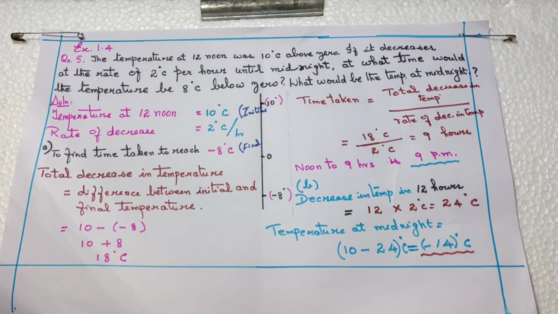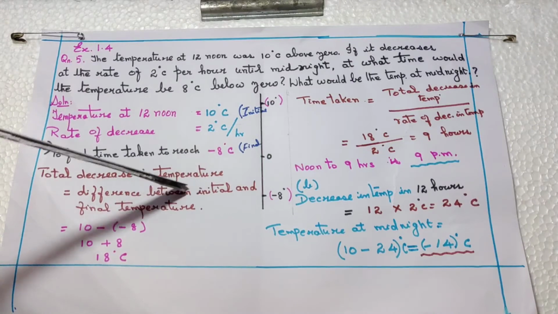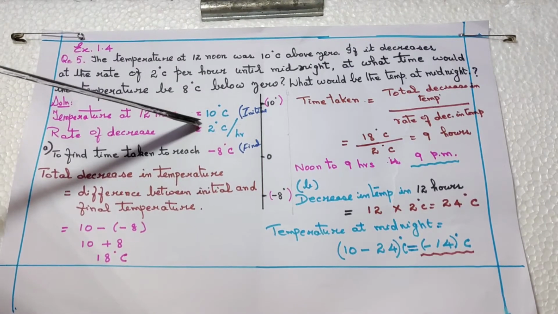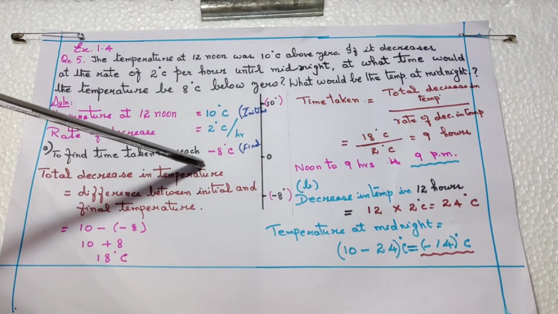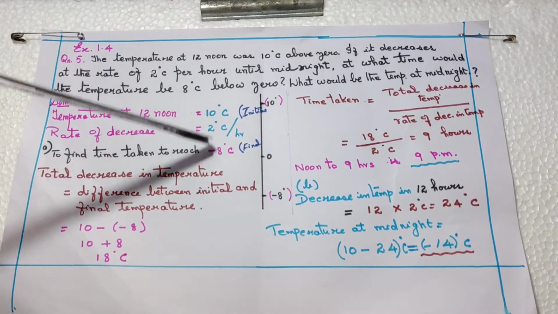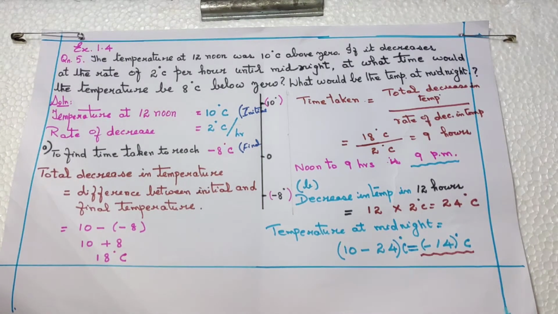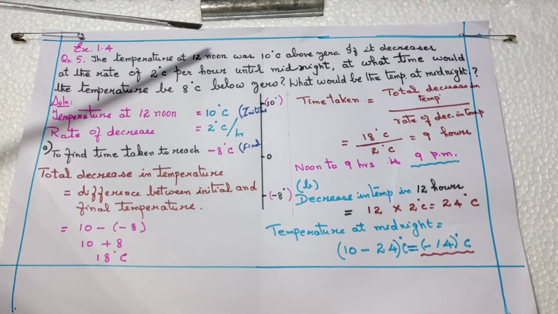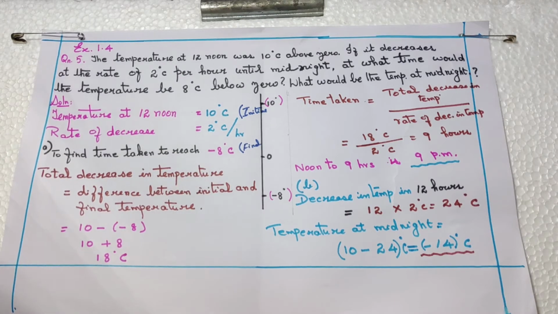So let us assume that to be final. Now, the total decrease in temperature, that is from 10 degrees to minus 8 degrees Celsius, how much the temperature is decreased. So that is nothing but the difference between the initial and the final.